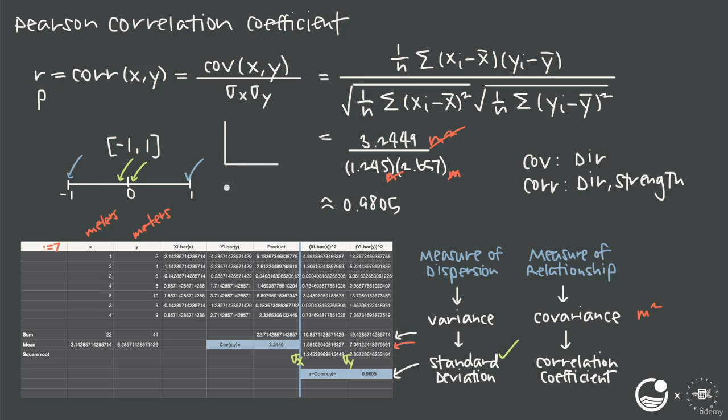So in really super simple terms, if we have a data set and that data set looks like this, we already know that that's a positive correlation. We know that we would calculate a positive value for covariance. For correlation, because of the positive covariance, we know that correlation will also be positive.